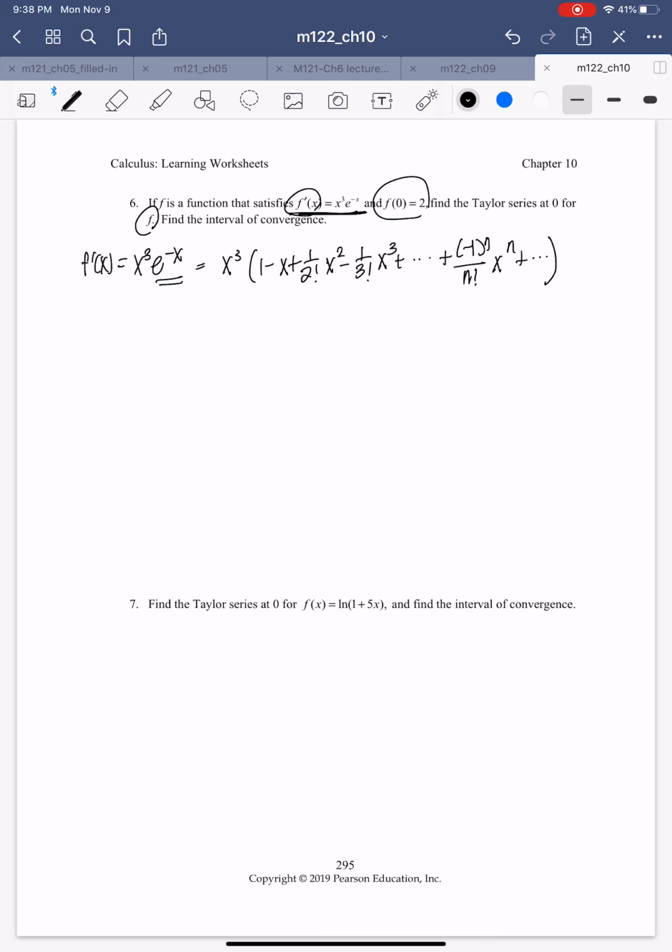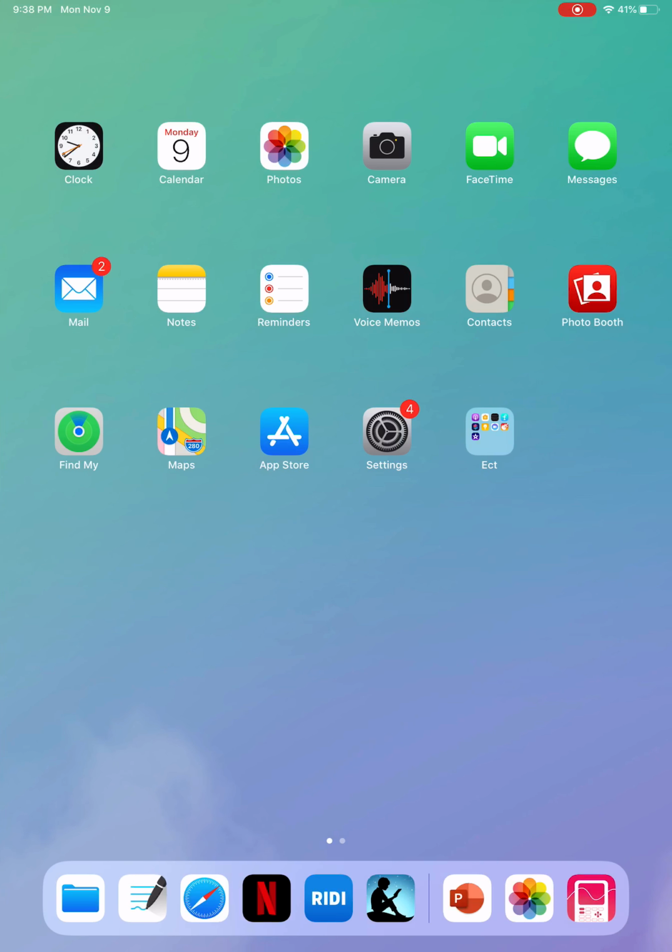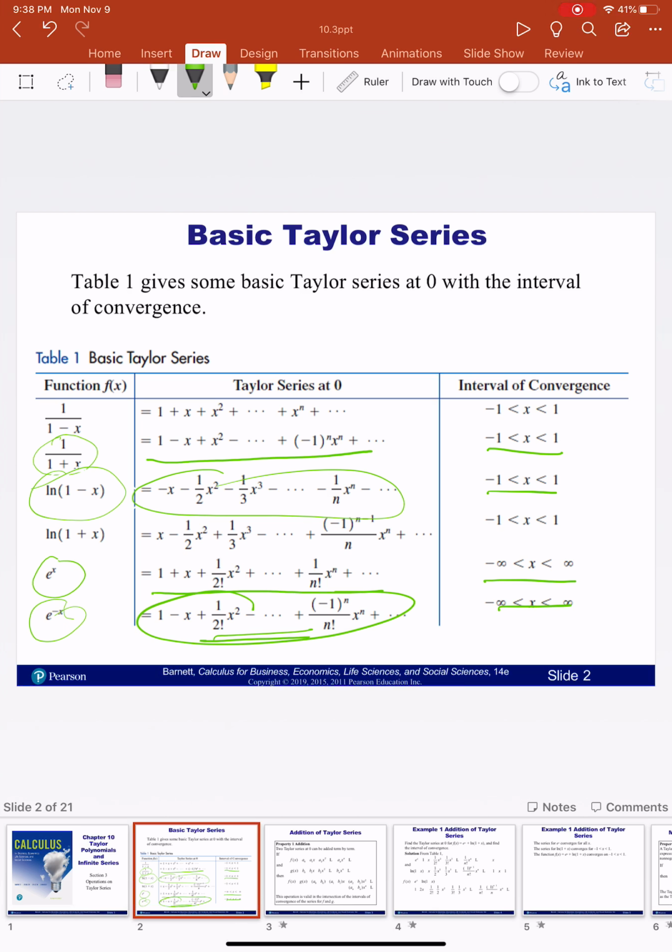And of course, for e to the negative x, our interval of convergence is negative infinity to positive infinity.